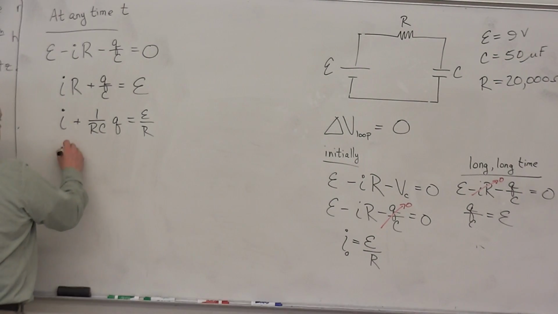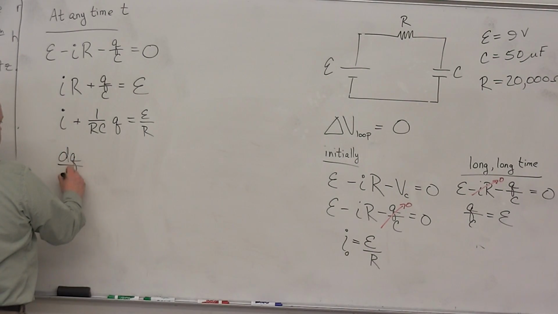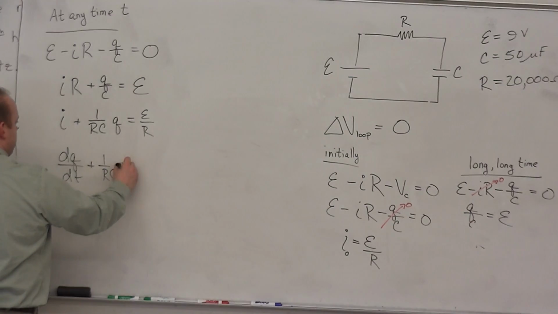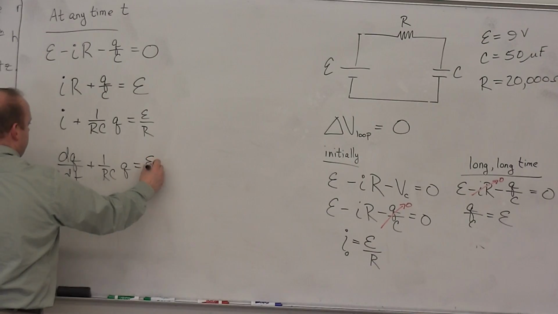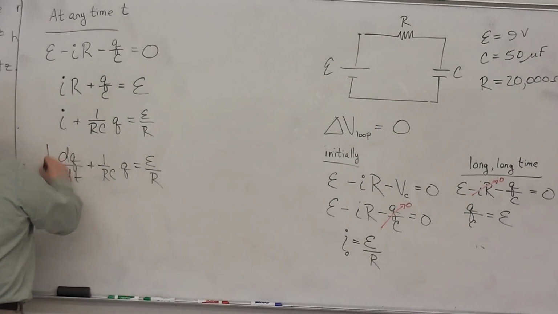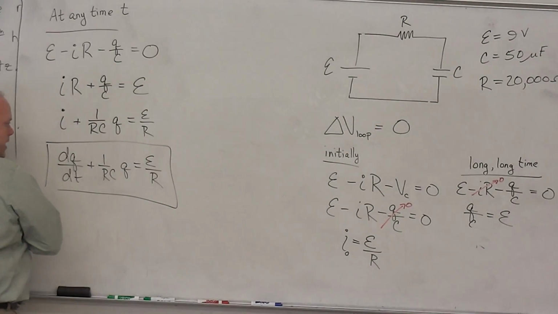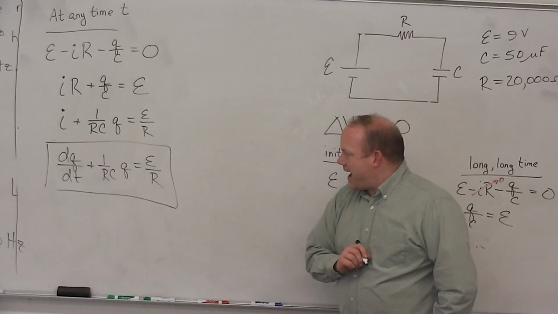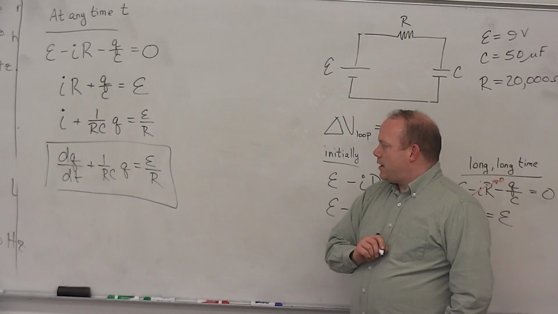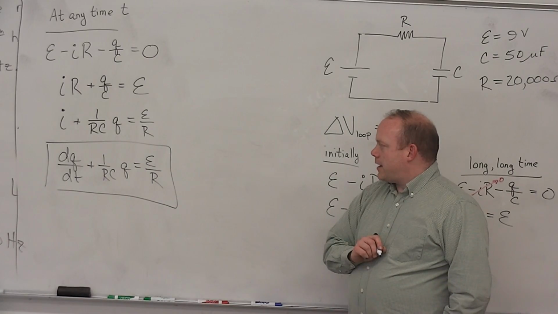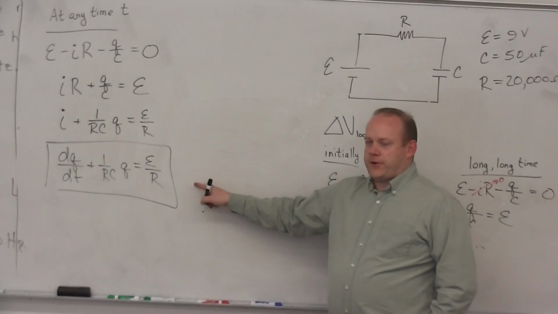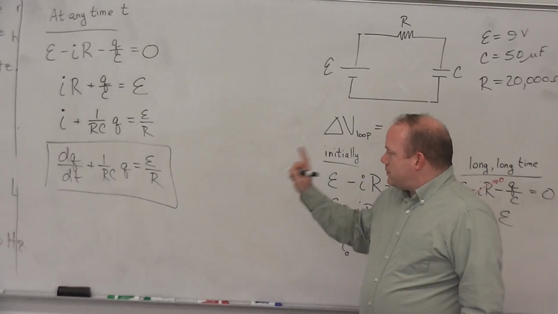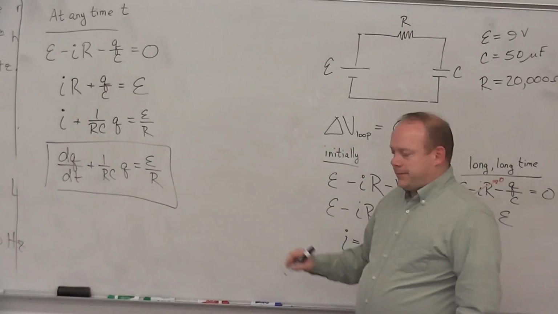I is dQ dt, so dQ dt plus 1 over RC times Q is equal to E over R. Everyone needs to be able to get to that point. Everyone should be able to set up the differential equation. You might not be able to solve it, but everyone can set this up.